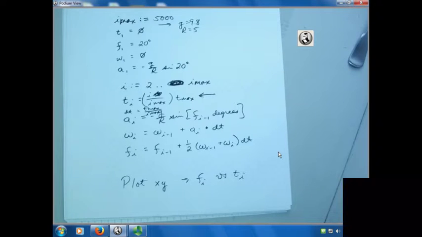MathCAD already knows that anything with that subscript I is inside of a loop where I is going to go through values from 2 increasing as integers all the way up to the maximum value. So once you define it at 2, then it just assumes that it starts at 2? You can start it wherever you want to.